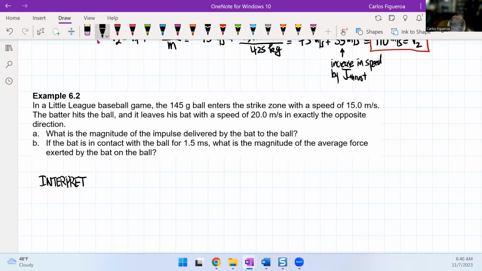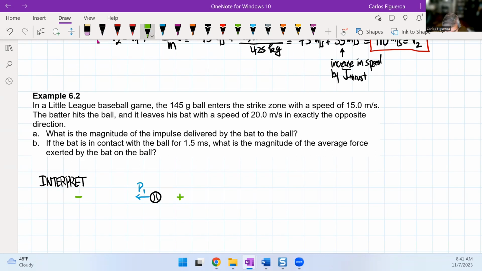So I have a baseball that is thrown, and I see that this baseball is moving in this direction, and it has some initial momentum. Now, I typically pick the direction of the ball, when I'm going to have a change in direction, as my negative direction, and then this is my positive direction here.